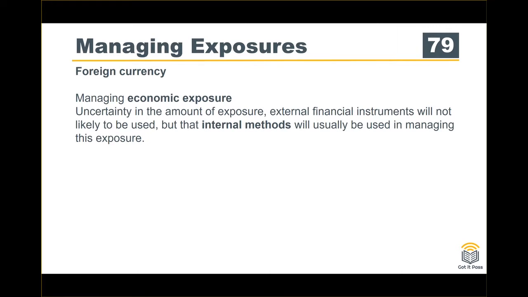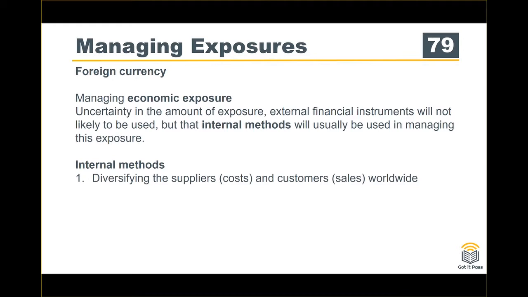So what type of internal methods will be used? For example, diversifying the suppliers and customers worldwide. A very big company can do it. Their suppliers may be all across from Africa to Asia to Europe and to America.